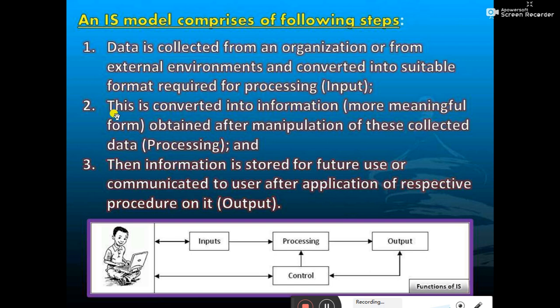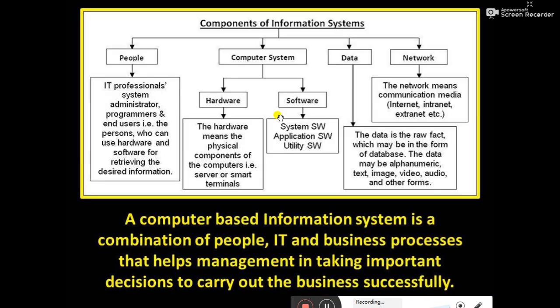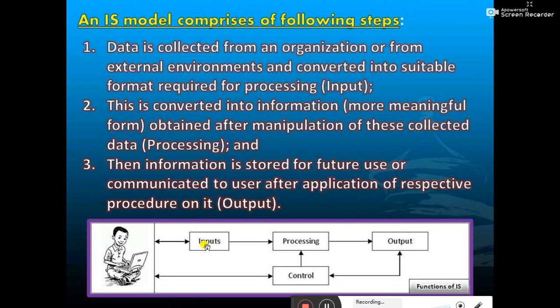Here you can see in an information system model, basically it consists of inputs, end users or any other users. Like here you can see the people. So the people will give inputs, and that input will be processed, and it will give output to the end users.